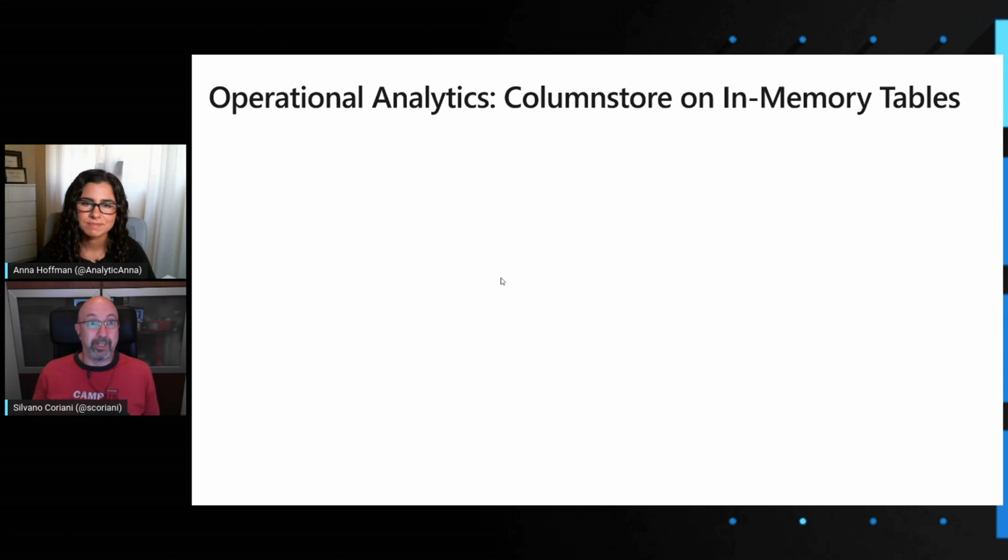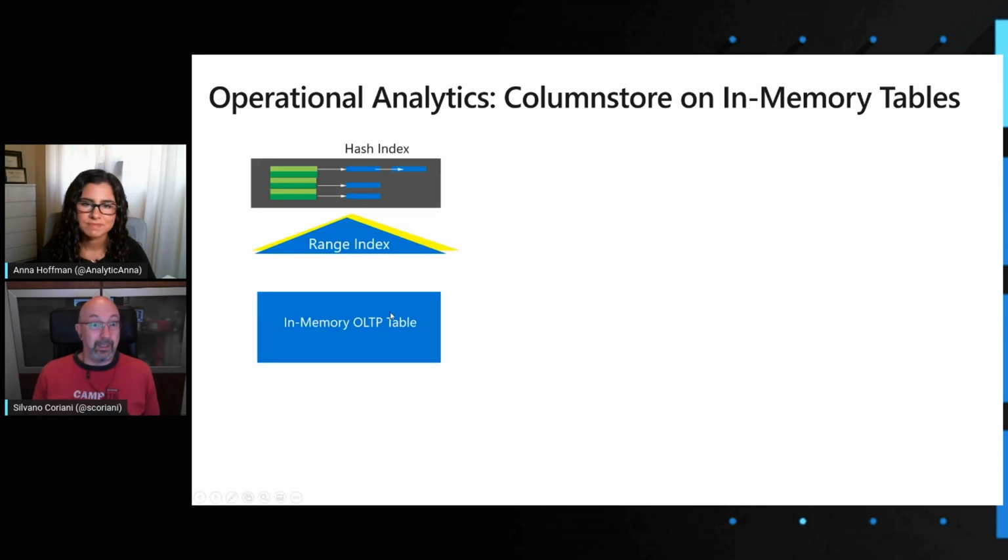The way it works here is that in SQL Server and in Azure SQL, we've been introducing this concept of in-memory OLTP tables. This is a new technology that we had a few years ago, where data are actually kept in memory. You can make this persistent at the metadata only level, or persistent at metadata and data level.